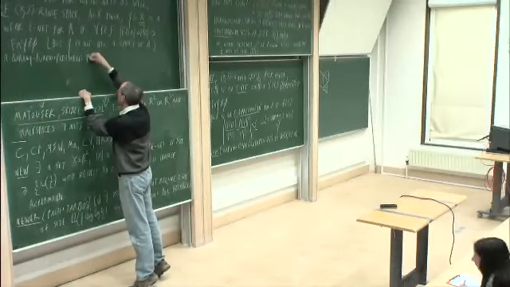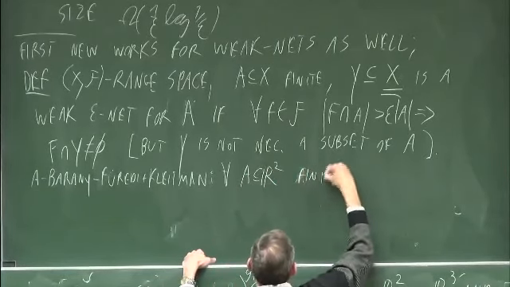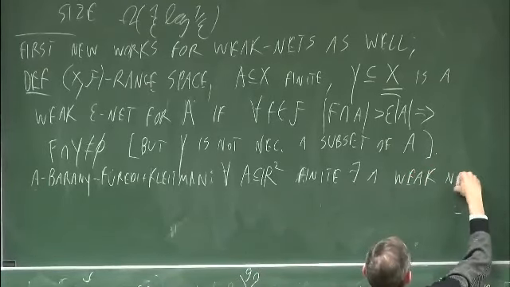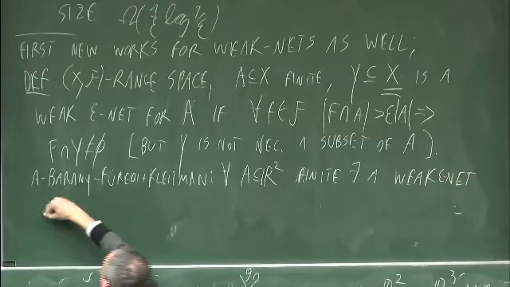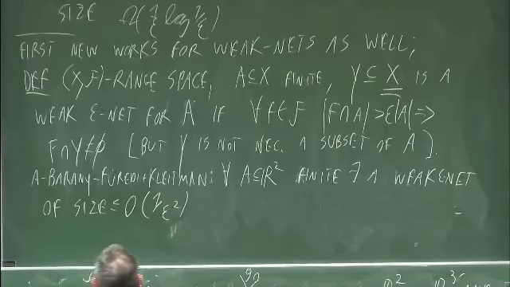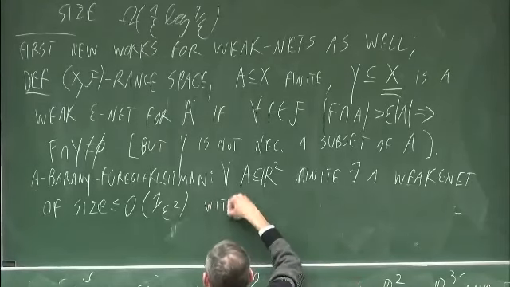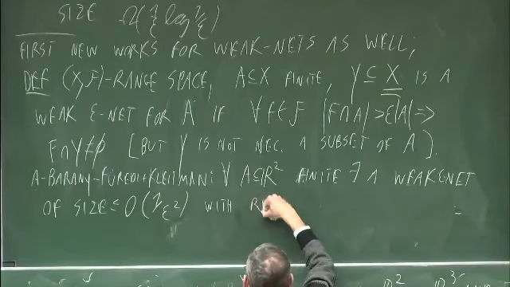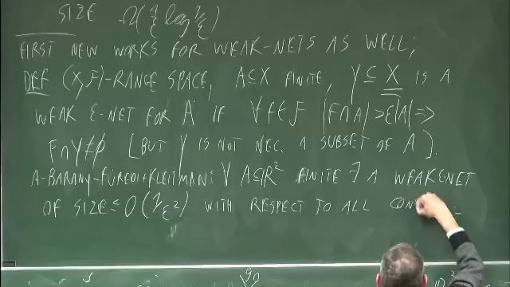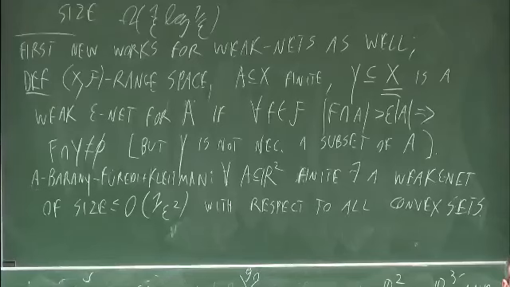Yes, so for every finite A in R^2, there is a weak epsilon net of size at most constant times 1 over epsilon squared, so again some function of epsilon, and this is with respect to, I didn't tell you what are the ranges, all convex sets. So the ranges are all the convex sets, okay?